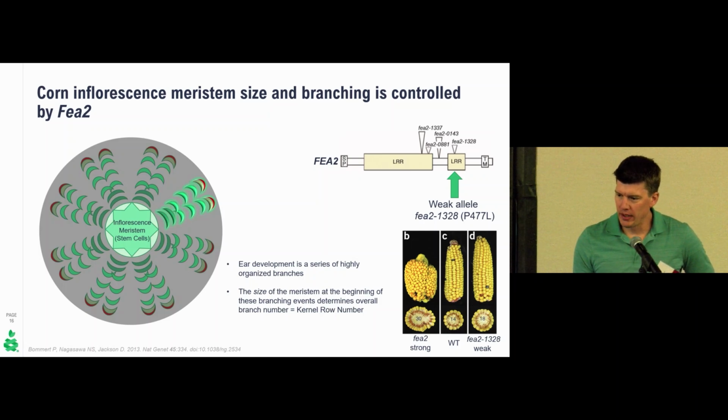There was one known allele, a proline to leucine substitution, that gave a moderate increase in kernel row number. But it was one of those circumstances where we knew that this had arisen in breeding, but we didn't know if that was the best allele or just the one that chance had delivered to us.